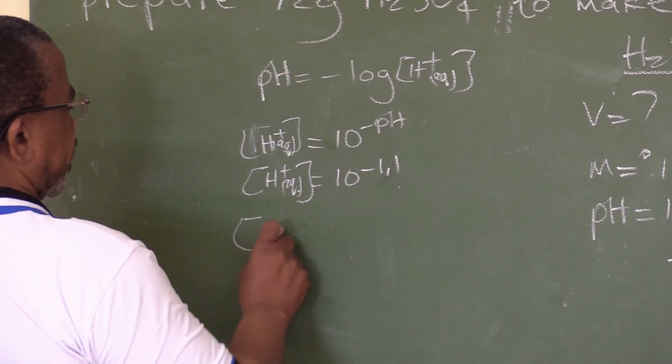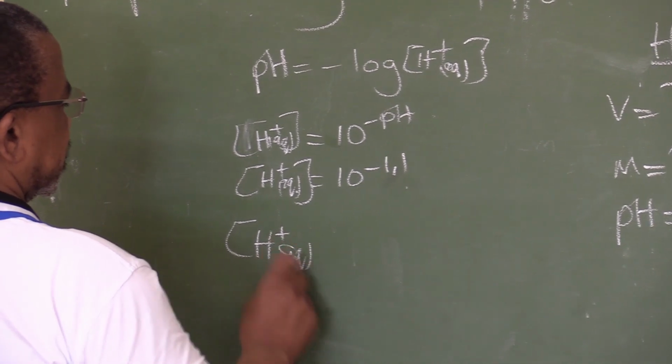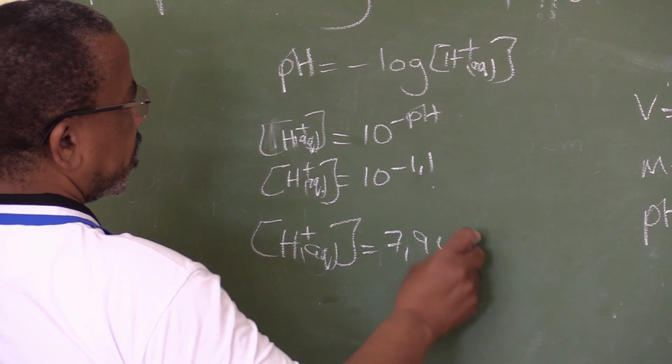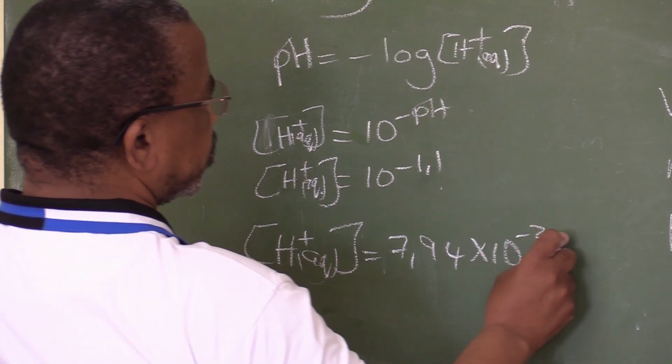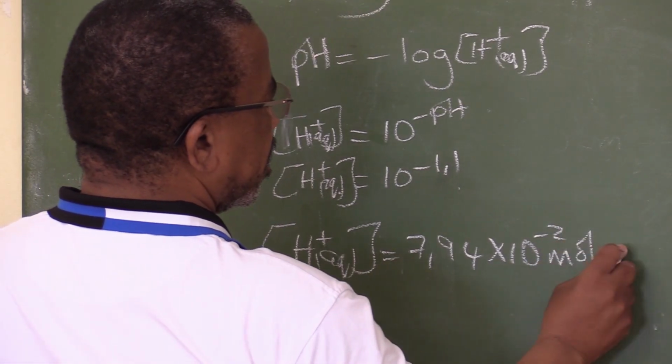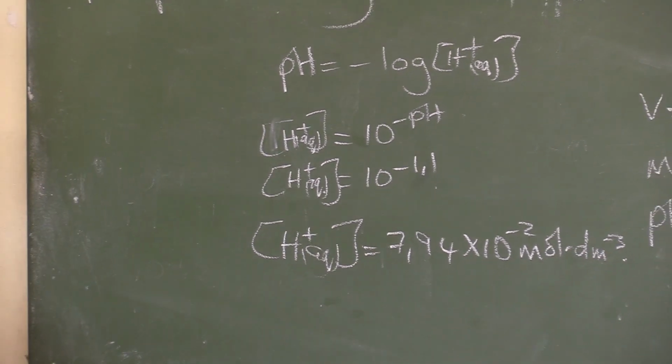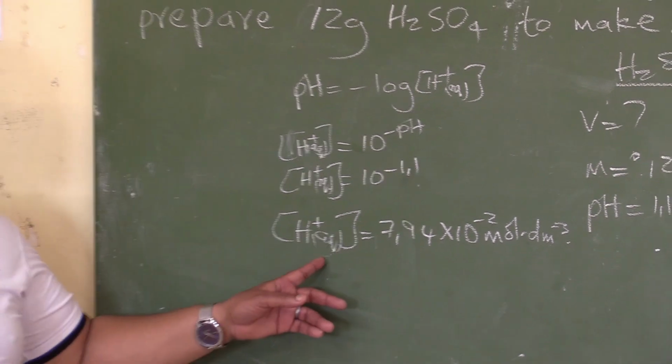So the concentration of H plus aqueous is 7.94 times 10 to the power minus 2 mole per decimeter cubed. We have found the concentration of H plus.